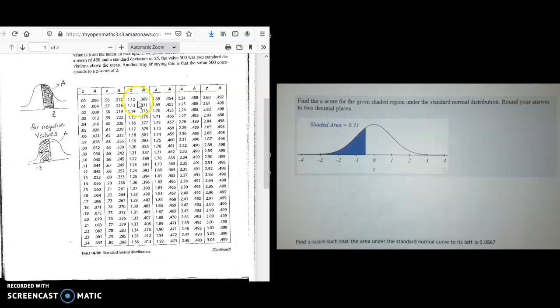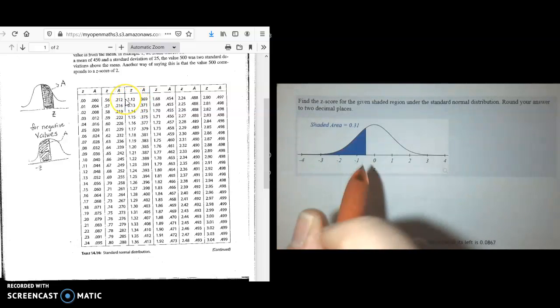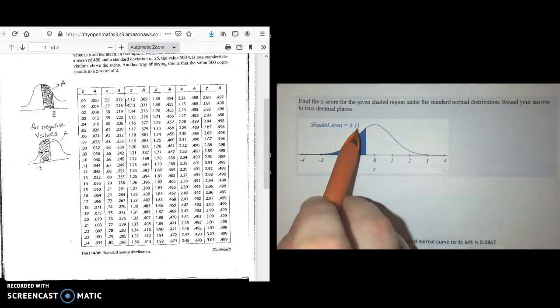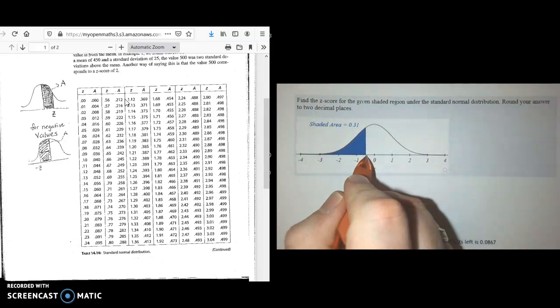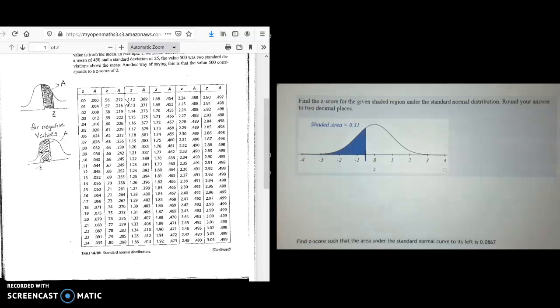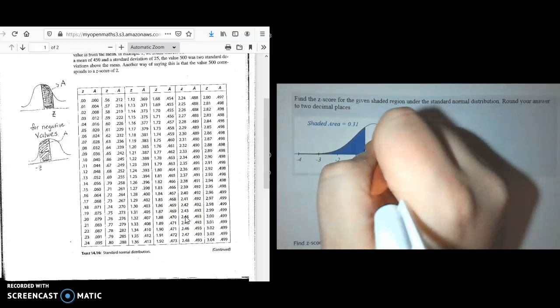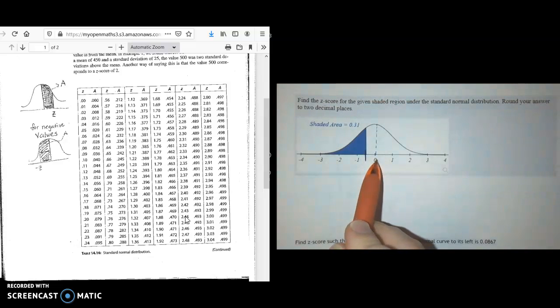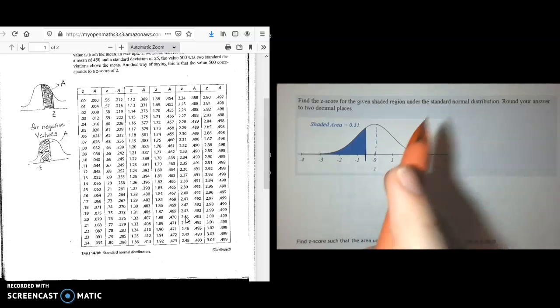Okay? So in this case, we're given that this shaded area is 0.31, and we want to find the z-score that is associated with it. Now this table works the same way for negative values. You just make those values negative. So here in my normal distribution, here is the mean.